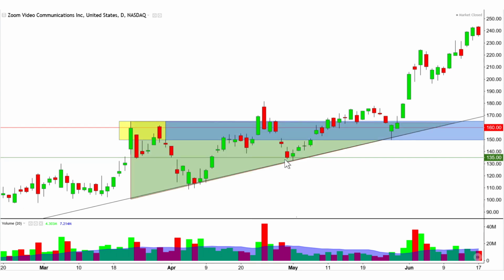This combines the sloped element of trend lines and channels, in this case with a bullish context, pushing against the neutral to bearish element of the horizontal resistance range.